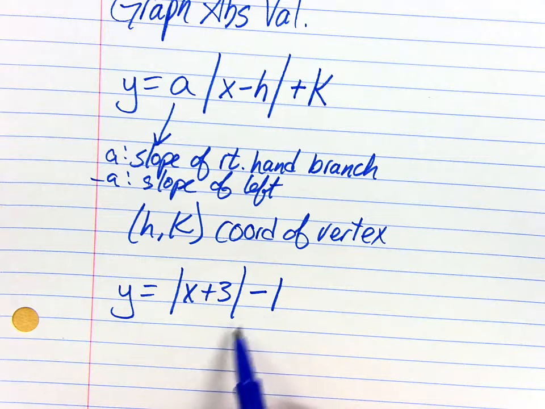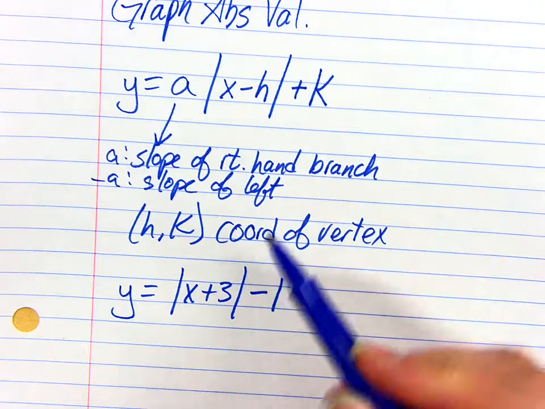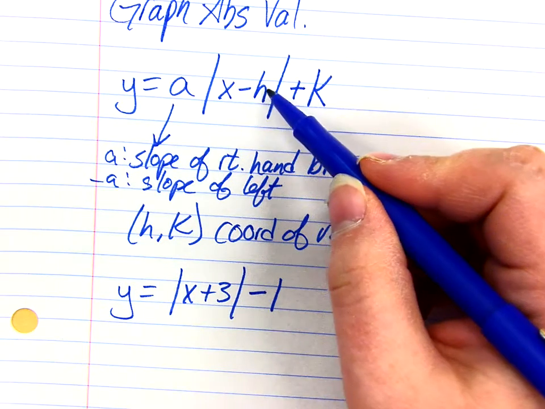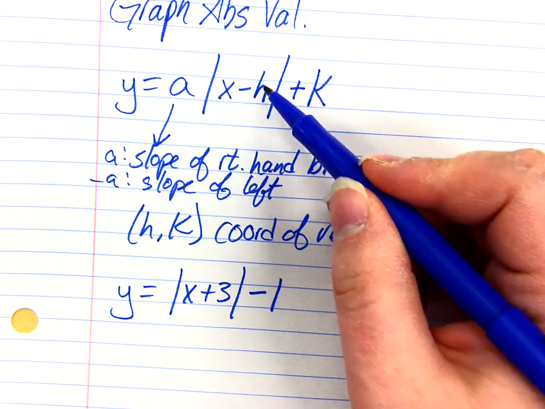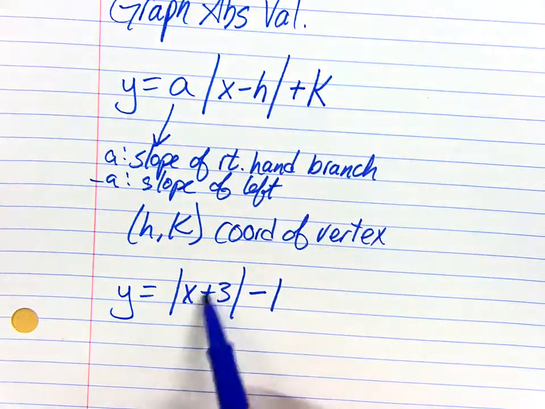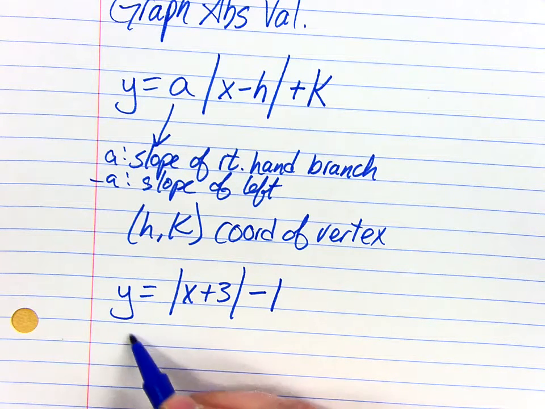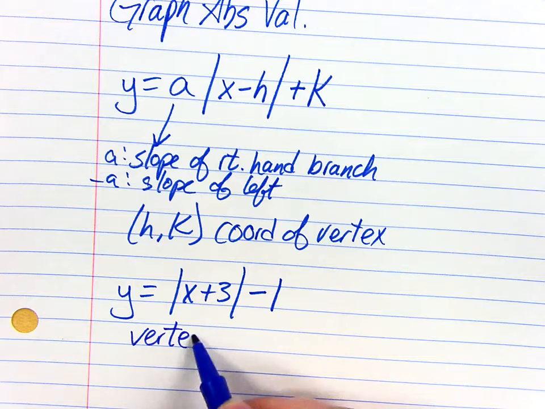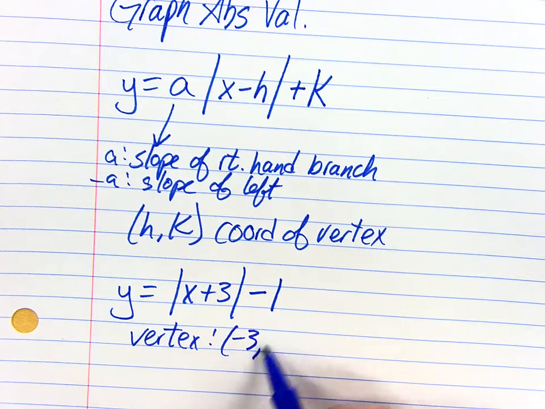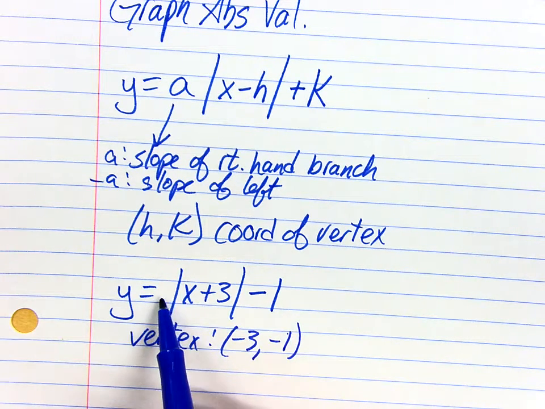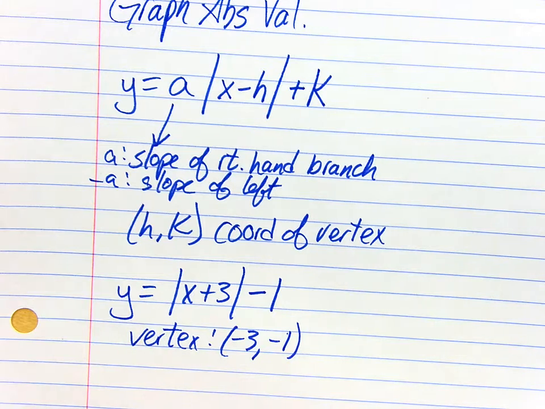Remember, because look at how the formula is written, it's always a minus h. So that means you need to take the opposite of whatever you see there. K will always be what it is. So my vertex is going to be located at negative 3 comma negative 1. And then because my slope is a 1, I'm just going to go up 1 over 1 for the right-hand side, and then the opposite on the left.